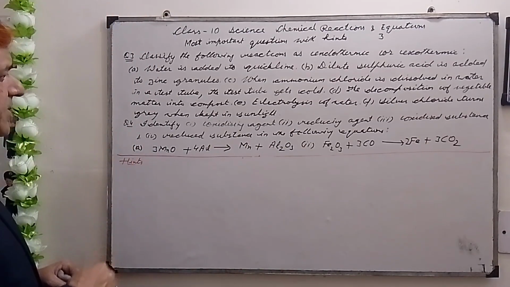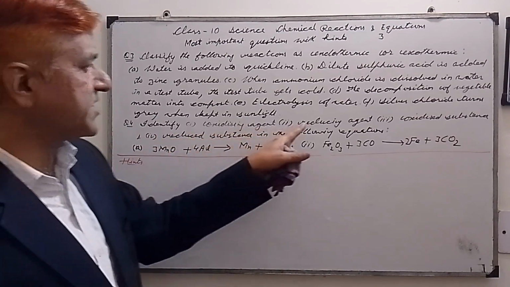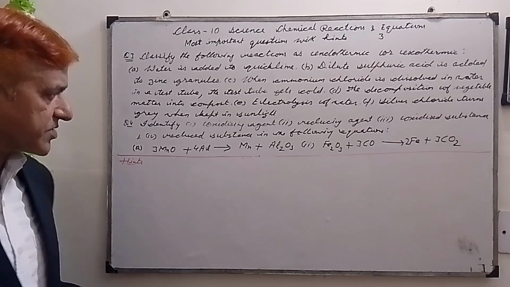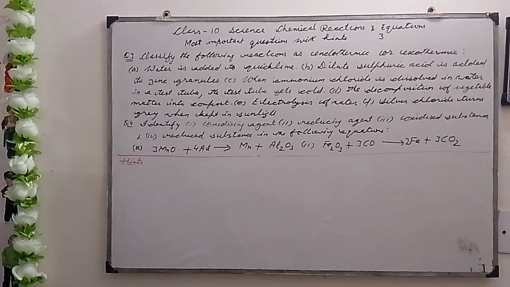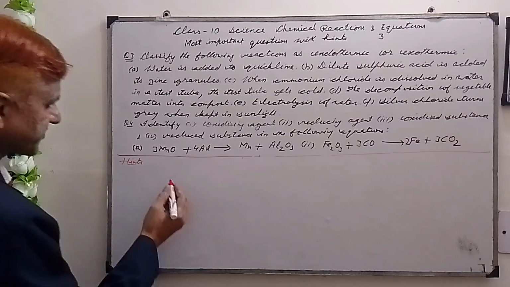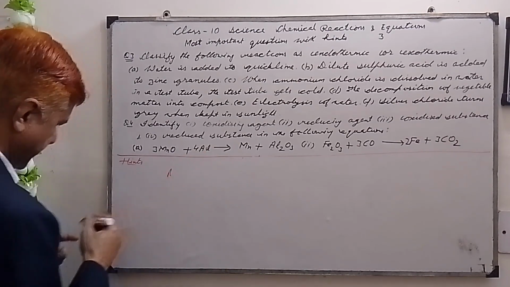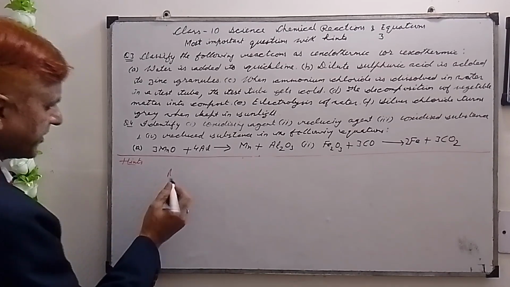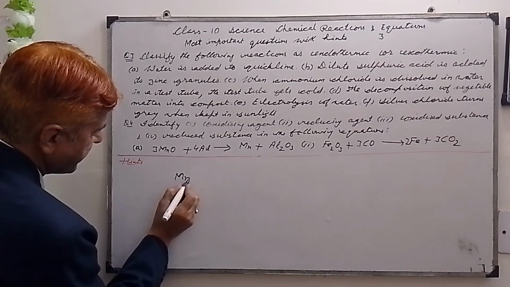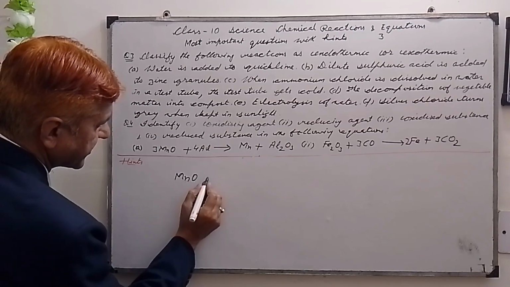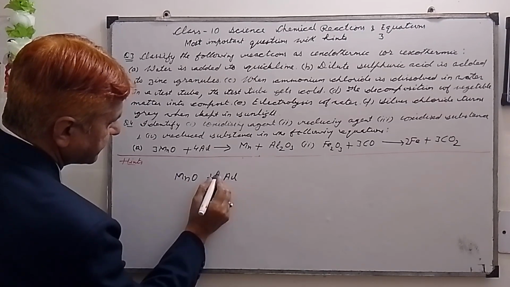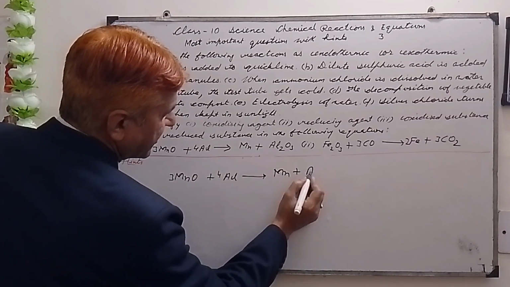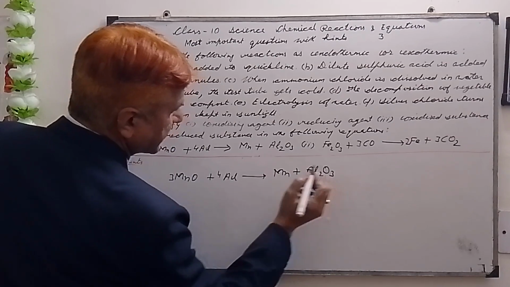Next question is: identify the oxidizing agent, reducing agent, oxidized substance, and fourth, reduced substance in the following equations. My dear students, let me write this equation. Manganese oxide plus aluminium is equal to manganese plus aluminium oxide.